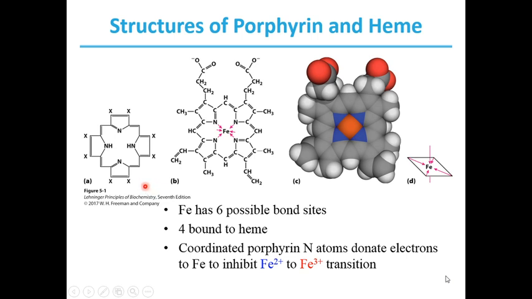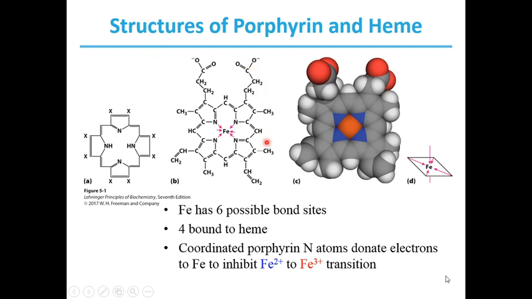Porphyrins, of which protoporphyrin 9 shown here is just one example, consist of 4 pyrrole rings, 1, 2, 3, 4, and they are linked by methylene bridges, as you can see, with substitutions at one or more of the positions denoted X, and structure B is the one with substitutions.